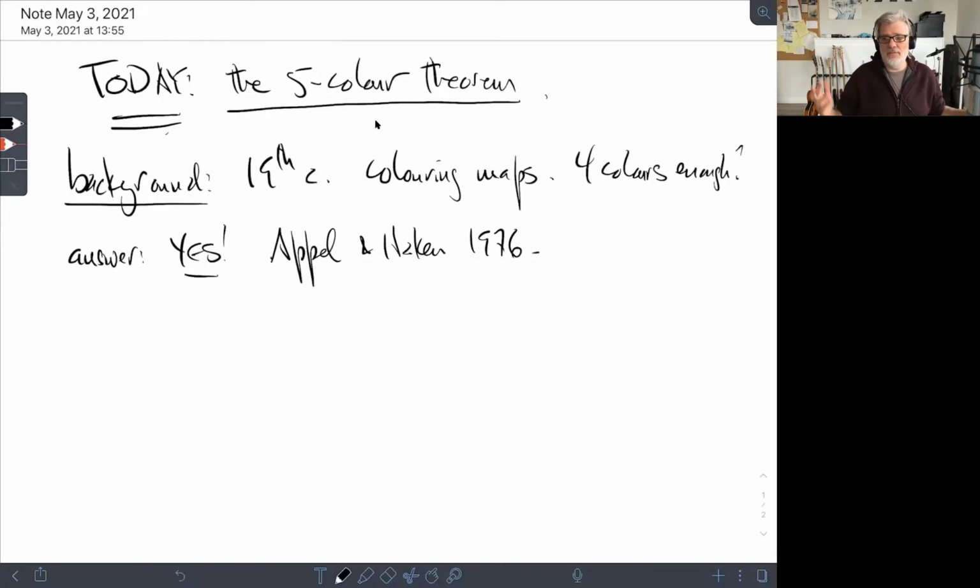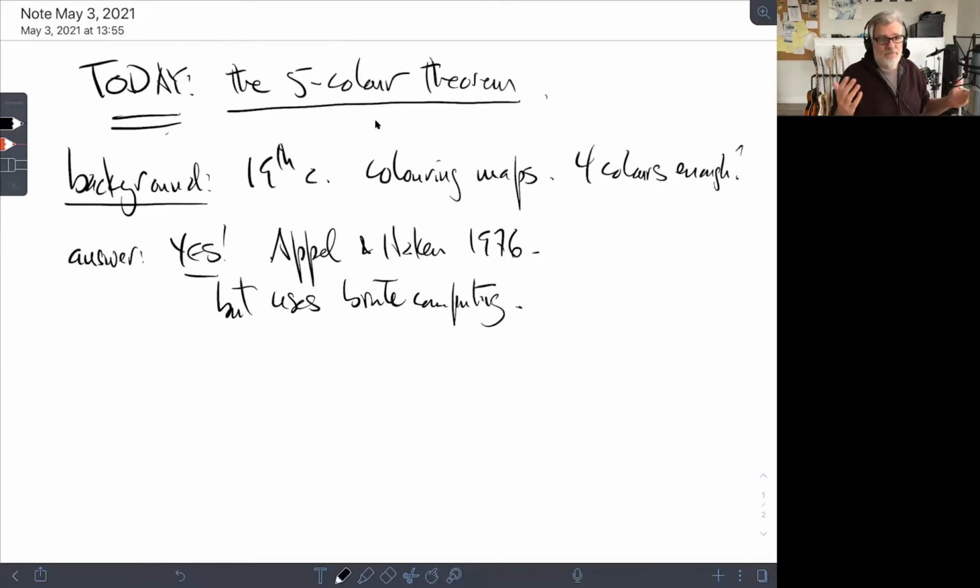So they had to check it by computer. So this is not very satisfying for mathematicians. So people have tried to find a purely argumentative mathematical proof.